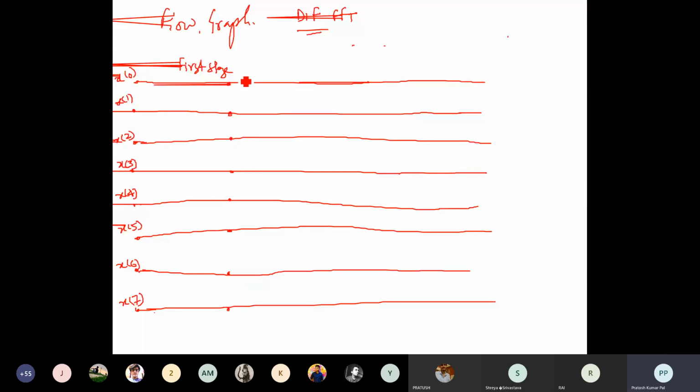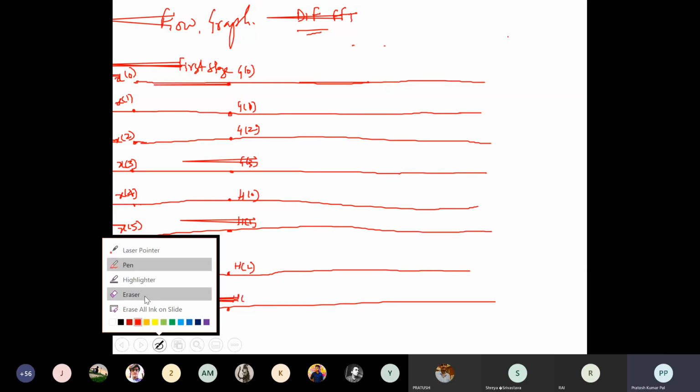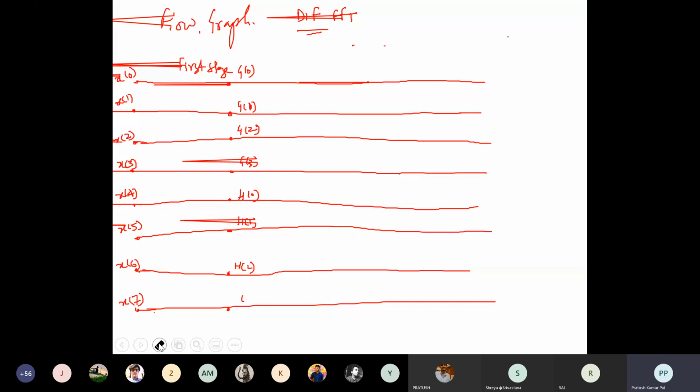These outputs will be G of 0, G of 1, G of 2, G of 3, then H of 0, H of 1, H of 2, H of 3. Okay, so how these values will be calculated, we will see that.